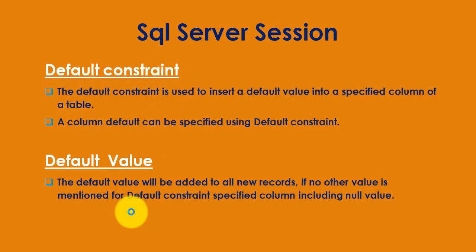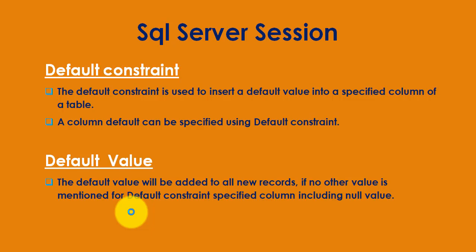A default constraint is used to insert a default value into a specified column of a table. A column default can be specified using the DEFAULT keyword. The default value will be added to all new records if no other value is mentioned for the default-constraint-specified column, including null.